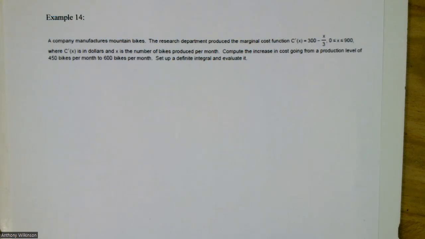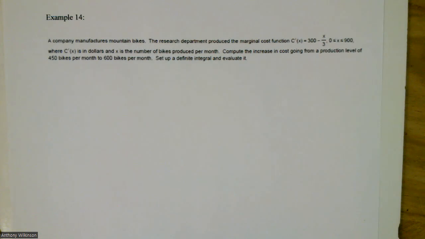The research department produced the marginal cost function C prime of x equals 300 minus x over 3, and my x is going to be from 0 to 900 inclusive, where C prime of x is in dollars and x is the number of bikes produced per month. Compute the increase in cost going from a production level of 450 bikes per month to 600 bikes per month. Set up a definite integral and evaluate it.